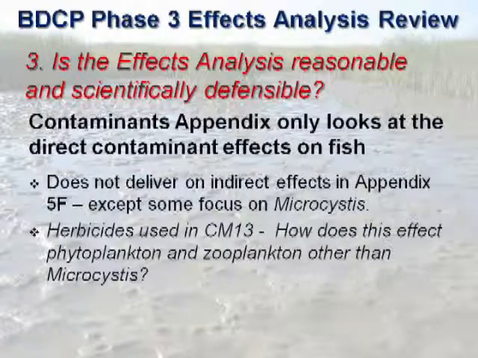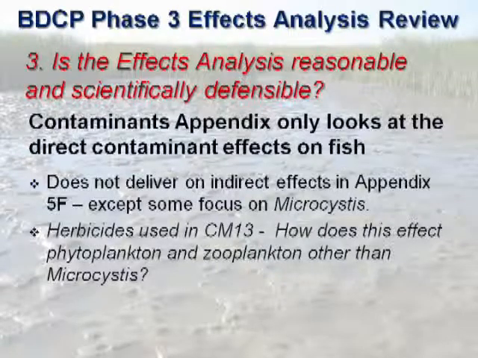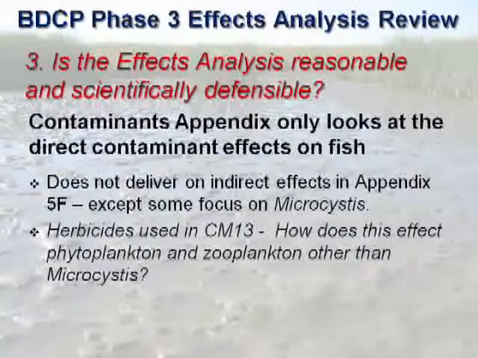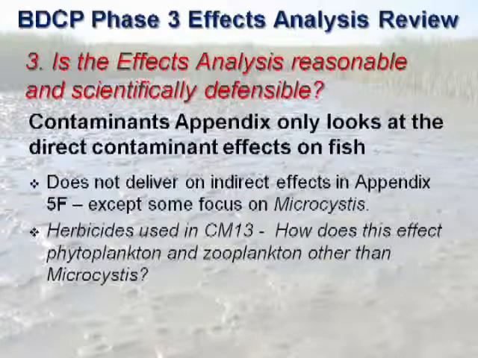I still struggle a little bit with this contaminants appendix, looking at direct contaminant effects, and that's clearly stated in the appendix, but the reader is then told to follow up in Appendix 5F. I felt that section really didn't deliver on those indirect effects, with the exception perhaps of microcystis.